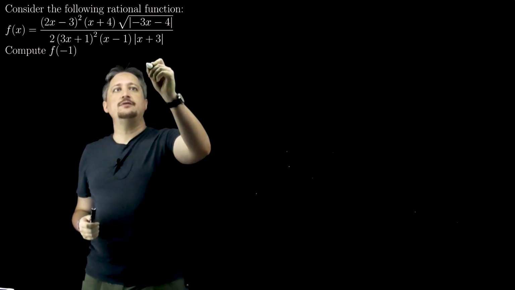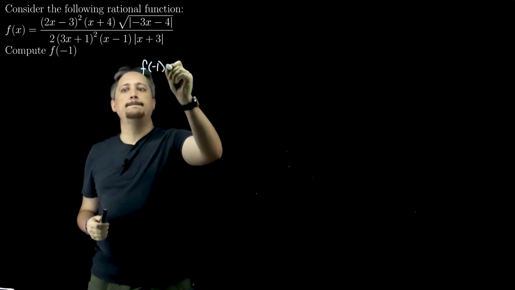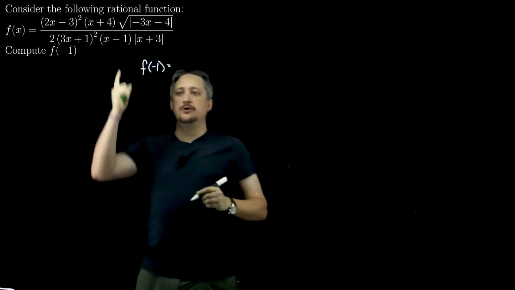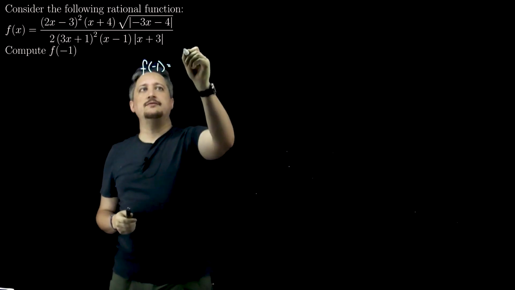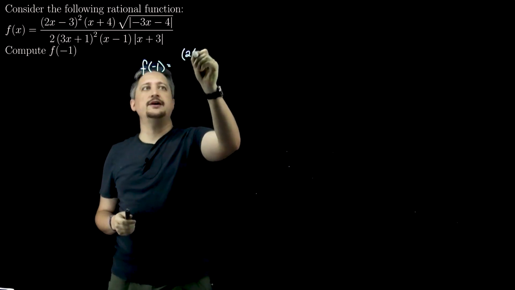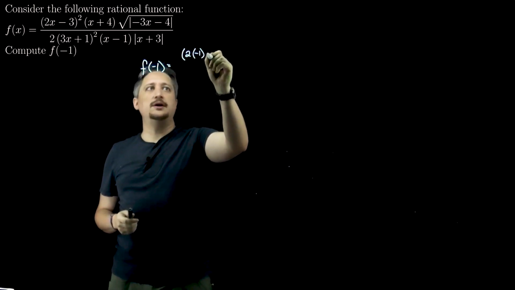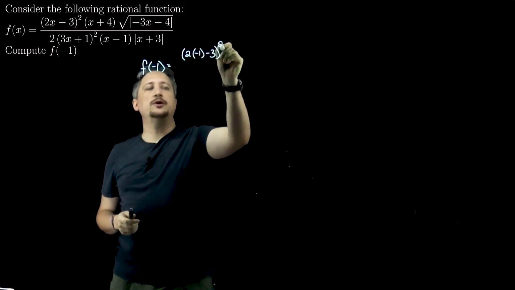So we want f of -1. Okay, so starting at the top here, I have open paren 2 times x, that's -1, minus 3 squared.